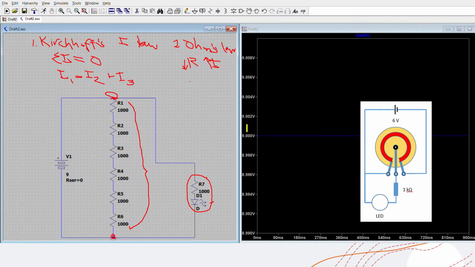According to Ohm's law, V is equal to I times R. So if we have a higher resistance, we also have a higher voltage. So across these 2 points, we have 9 volts, the maximum voltage. So we can use two laws, Kirchhoff's and Ohm's law.